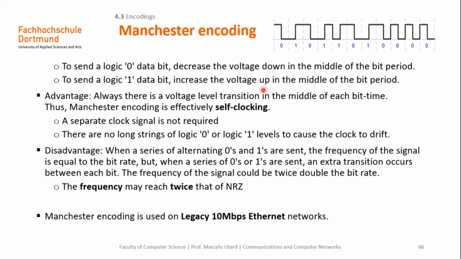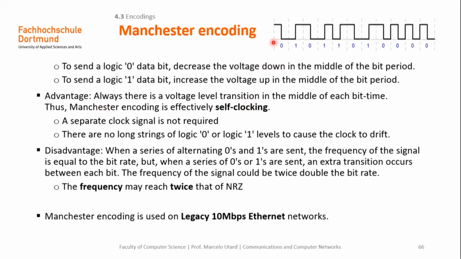It's not important if this waveform corresponds with a voltage change or another physical parameter that changes. What is important is that the symbol used changes in the middle of the bit, decreasing or increasing. Advantage: there is always a voltage level transition in the middle of each bit time.